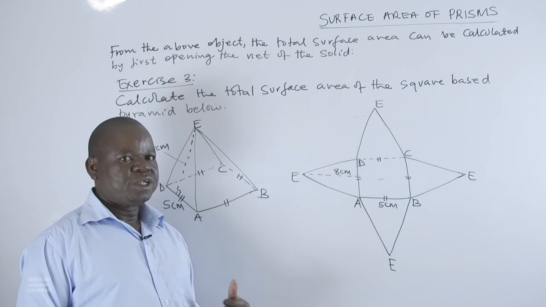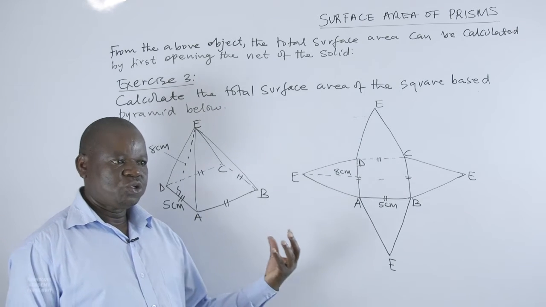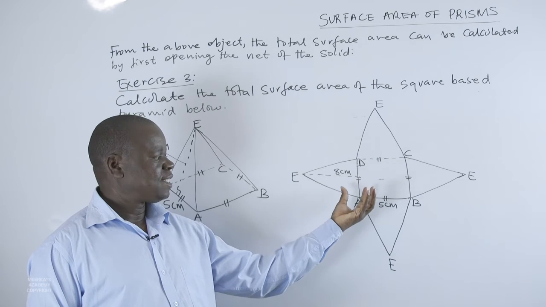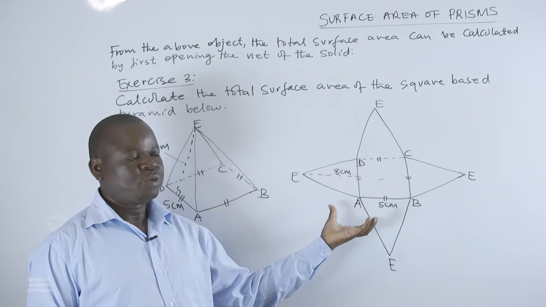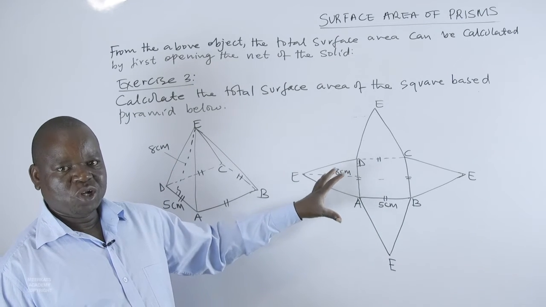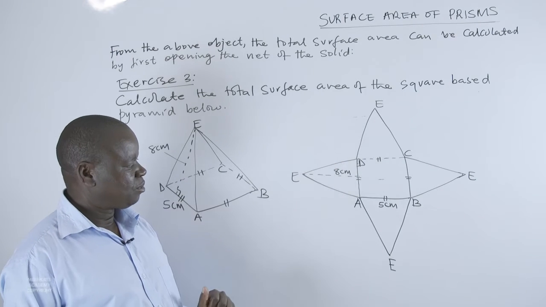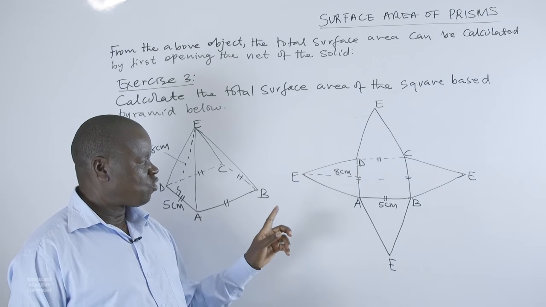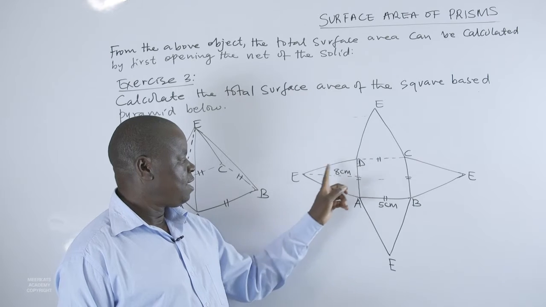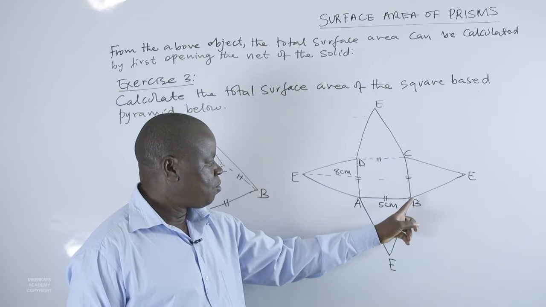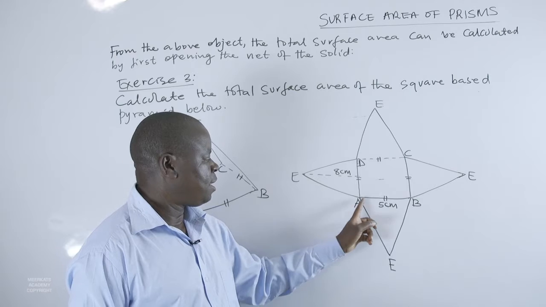Once you open the net of the object, you are able to visualize the plane faces that are making this particular object. So in this net, you can see we have 4 similar triangles. The 4 similar triangles are ADE, CDE, BCE, and ABE.